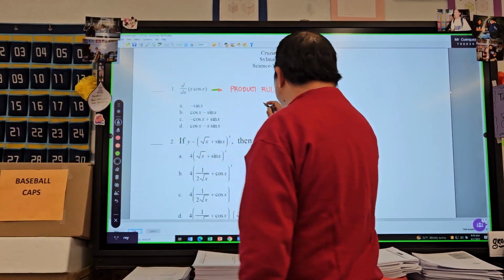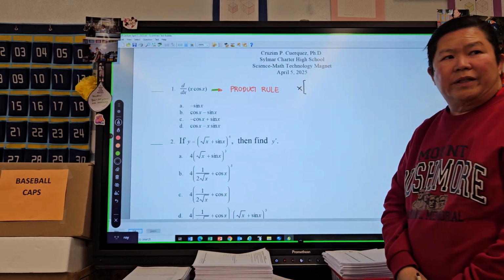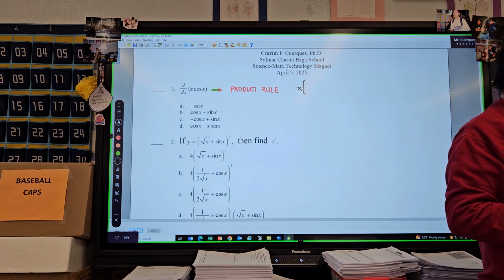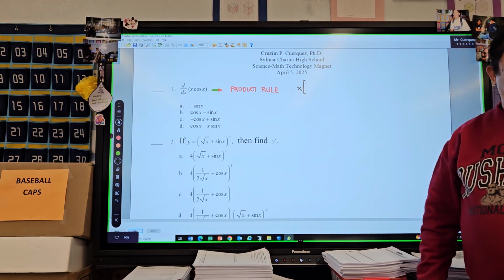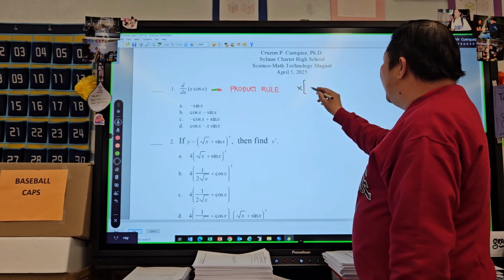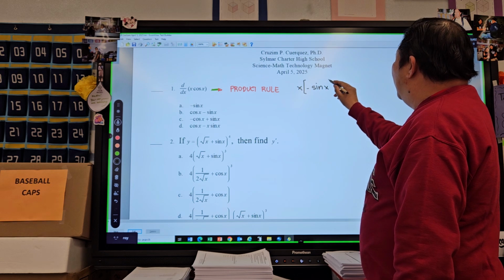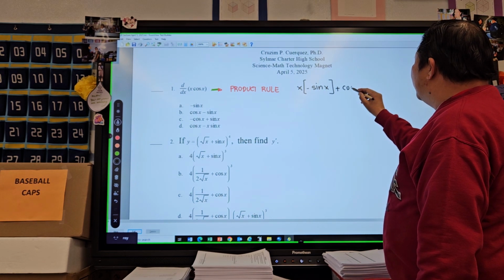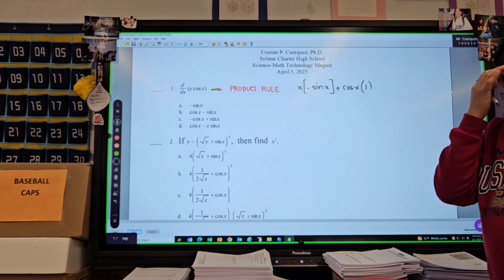X. So the first is x. So we say x times the derivative of the second. Remember, derivative is clockwise direction. So cosine. What's the derivative of cosine? Negative sine. Very good. So negative sine x. Then plus the second, which is cosine x times 1, the derivative of the first. The derivative of x is 1.